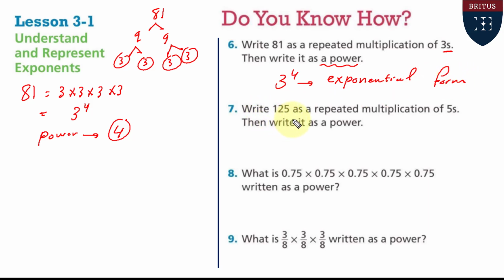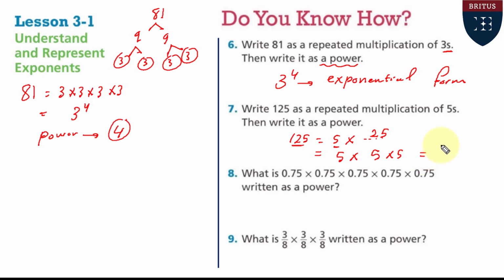Write 125 as a repeated multiplication. 125 is divisible by 5. Now, 125 is 5 times what? Just divide. 125 divided by 5, it's easy, mental math, is equal to 25. But what about 25? We can write 25 as 5 times 5. Now, 125 is 5 times 5 times 5.